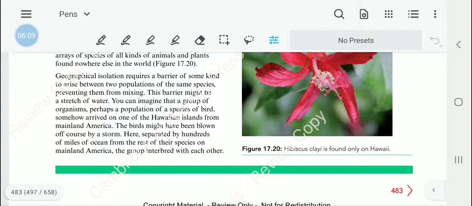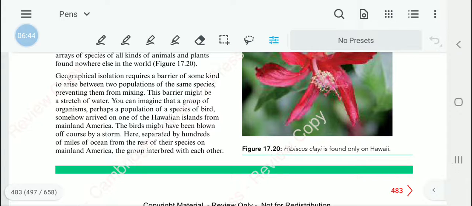For example, if you take the Hawaiian Islands, maybe some birds flew off from mainland America to the Hawaiian Islands, and they got isolated there. They cannot fly that far without any aid. They did not get on a plane and go there, but they would have been flown off course by a massive storm, and they landed in the Hawaiian Islands.